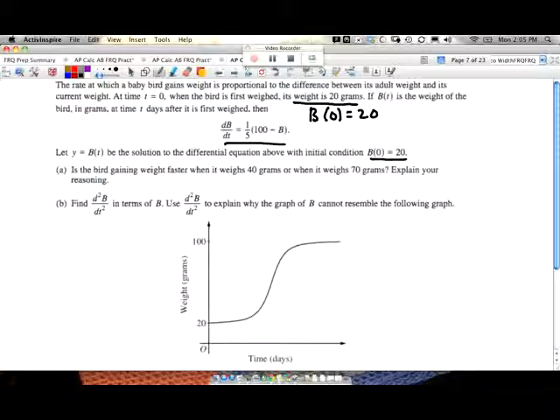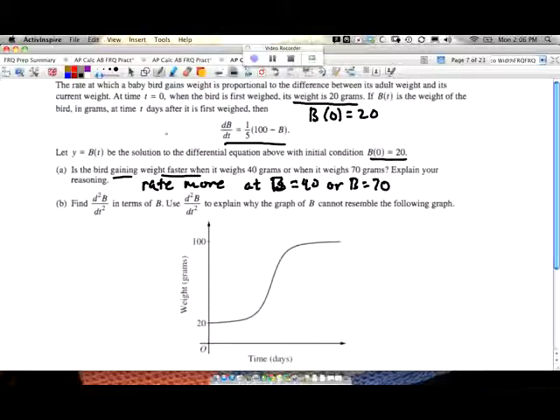And here's our differential equation. Is the bird gaining weight faster? Gaining weight faster. That means, is the rate more? That's what faster means. Is the rate more at w, or at b, I guess you could say, equals 40, or b equals 70?